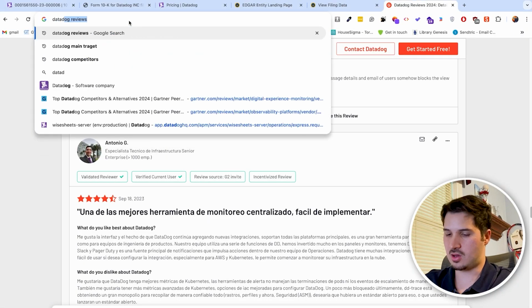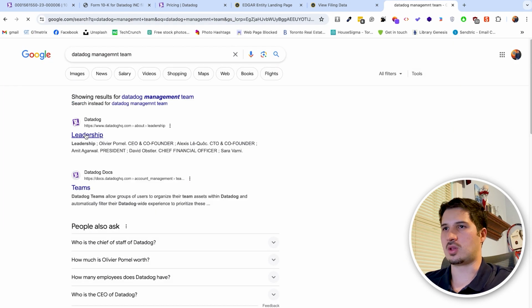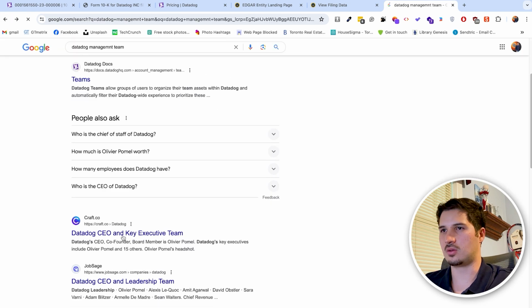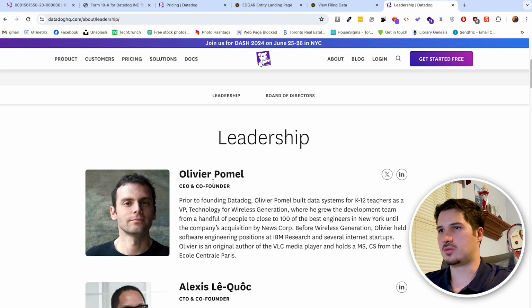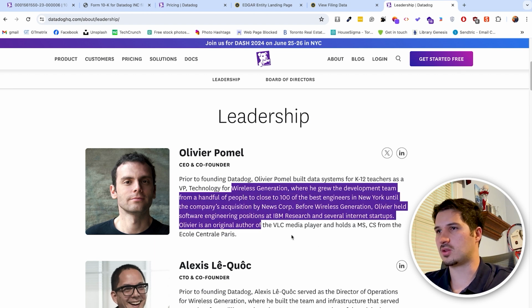So Datadog management team. We have a page called leadership. Okay. Wait, I just want to know what's going on here. This kind of stood out. Oh, okay. Never mind. So we have leadership. Oliver, he's the CEO and co-founder. Okay, Oliver Hurl, engineering progress, so very experienced.